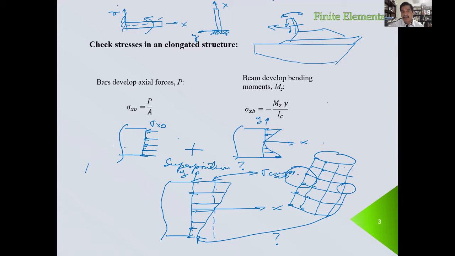For example, you can take the average of the two sides, and the average, probably you can compare with the value of the weight of the structure above this cut divided by the area of this cut. See, there are ways that you can check easily that these results make sense or not.